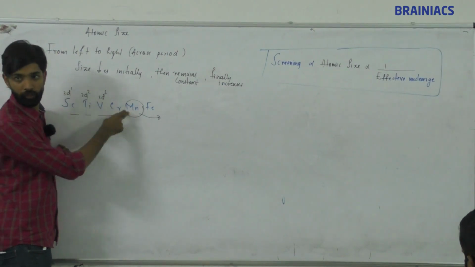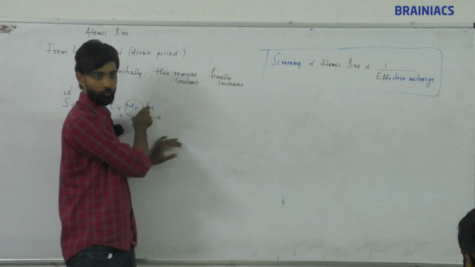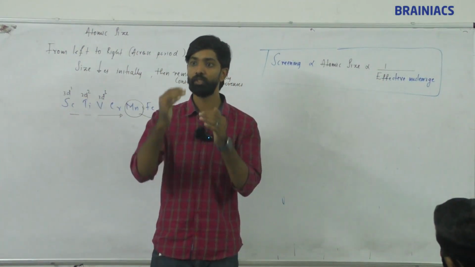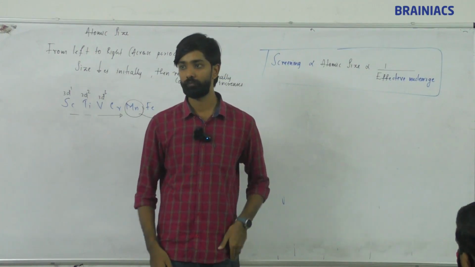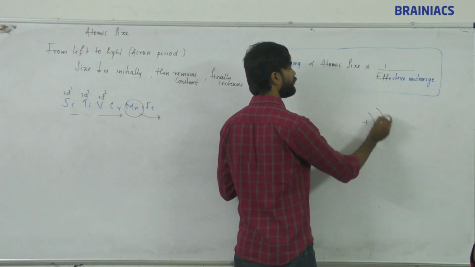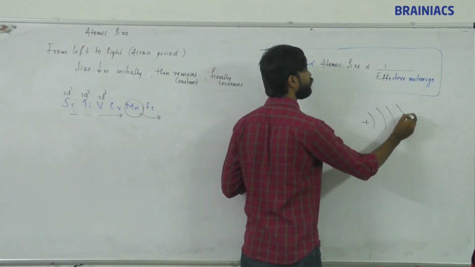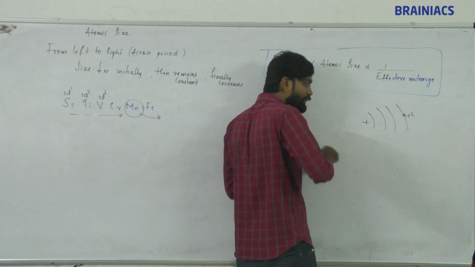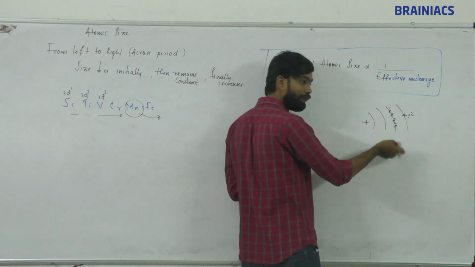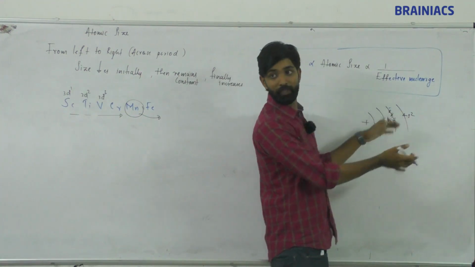Inner electron 2, inner electron 3, inner electron 4, inner electron 5. So what happens if the number of inner electrons increases? The screening will be effective. The outer electron is always 4s2. As we move from left to right, the number of inner electrons increases, so the screening will be effective.